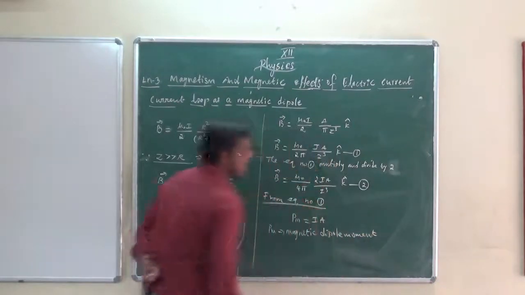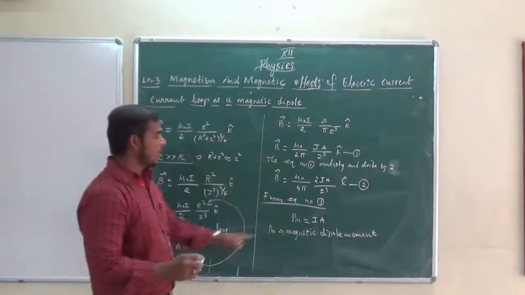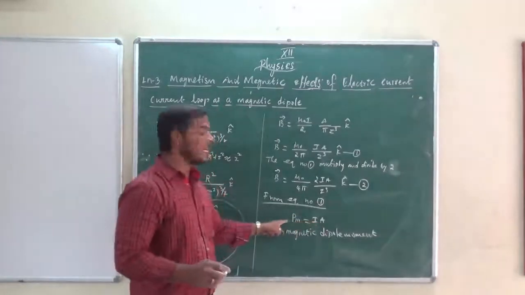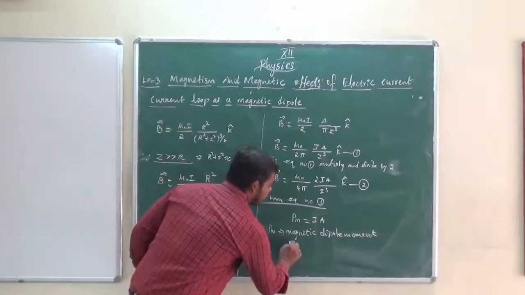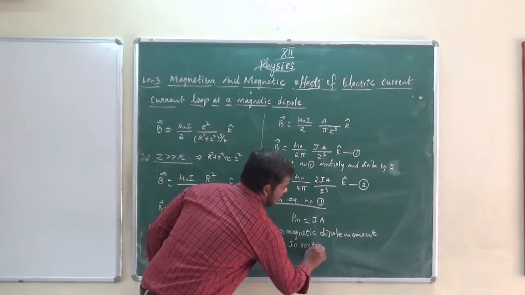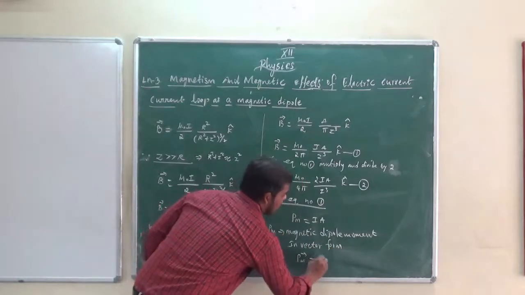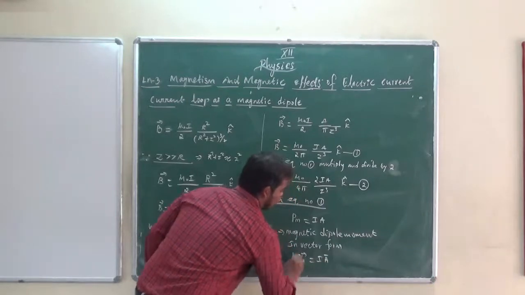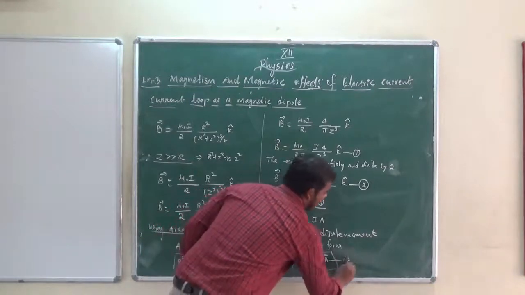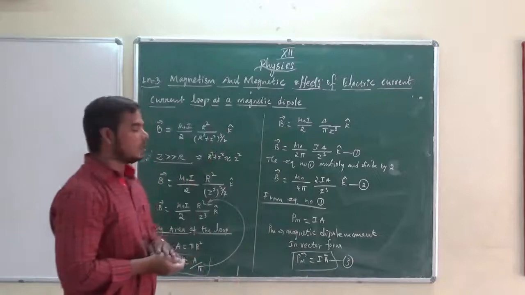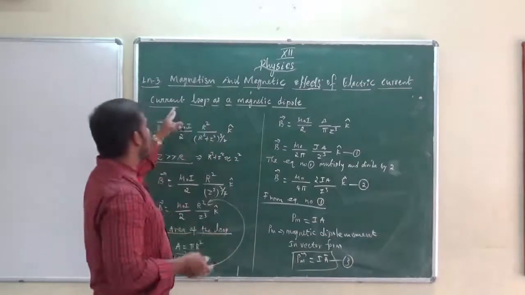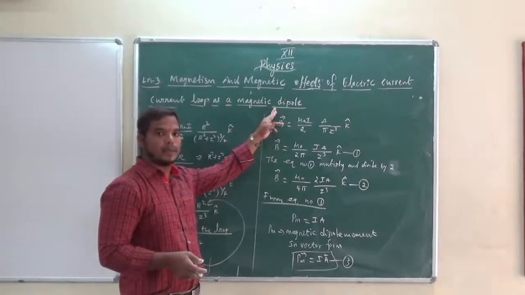IA represents the magnetic dipole moment. In vector form, we can write PM, this is a vector, so I into A vector. Very important equation, equation number 3. This equation number 3 represents the current loop as a magnetic dipole.